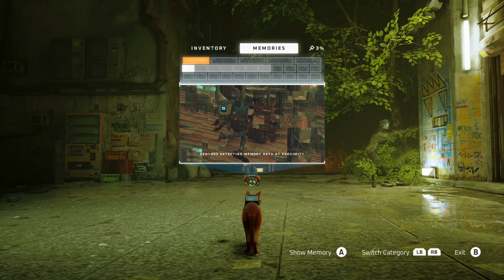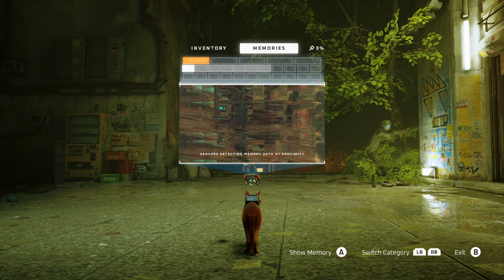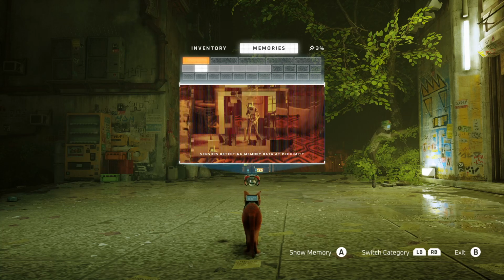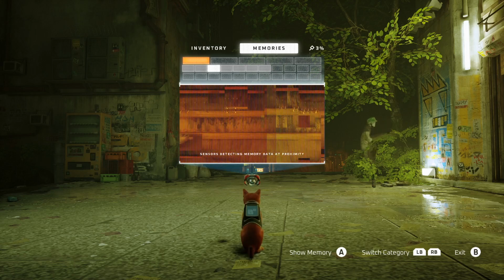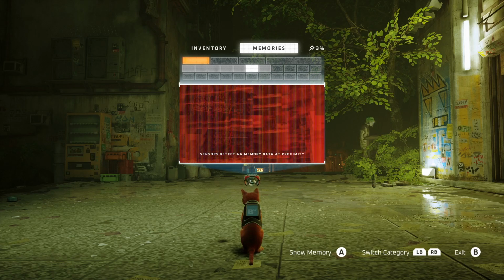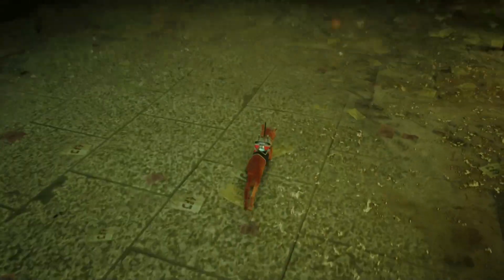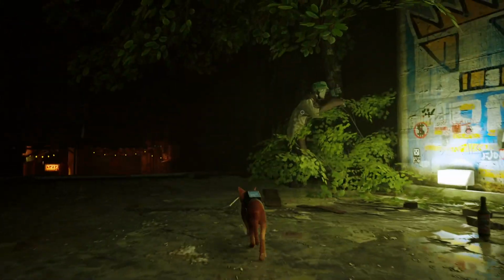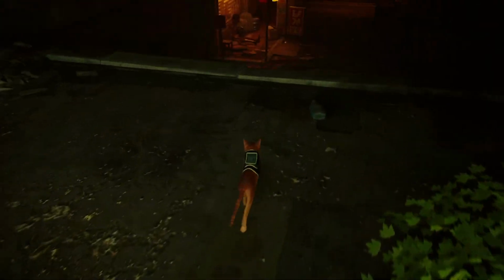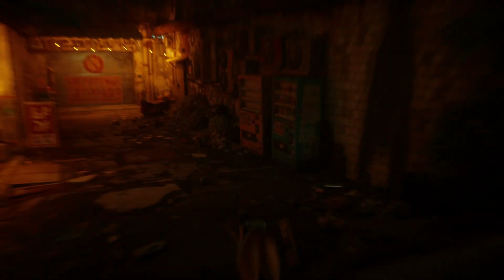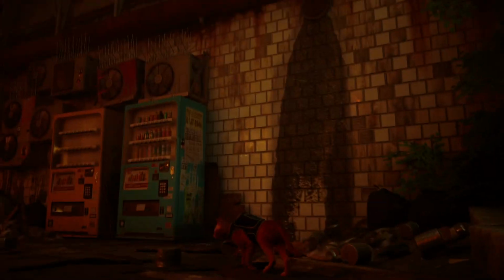And you can kind of see where they would be, but it's all distorted and stuff, so it's not really a big hint.